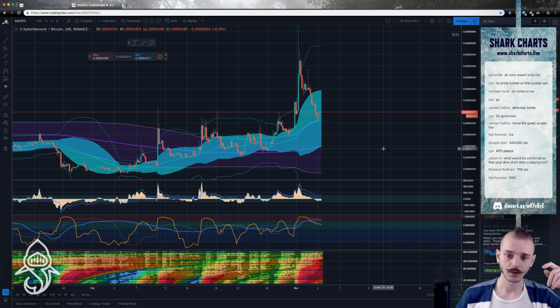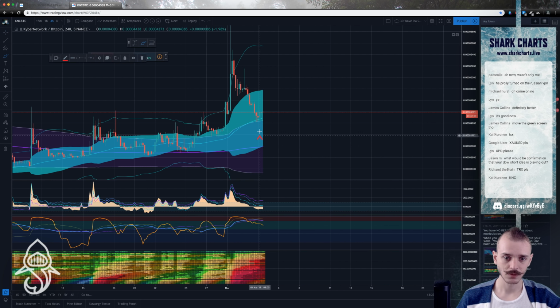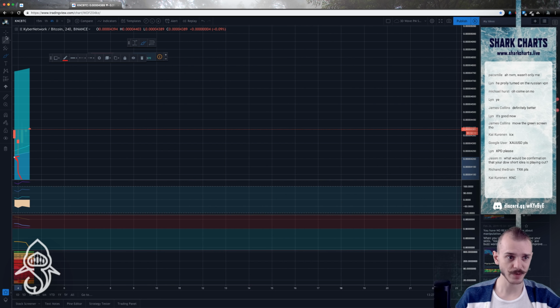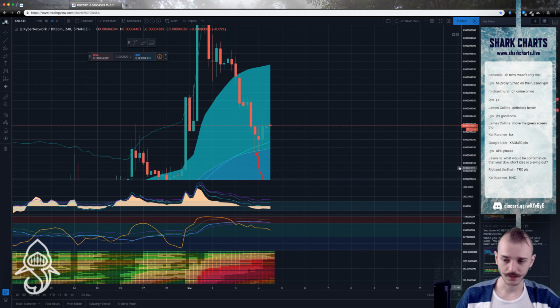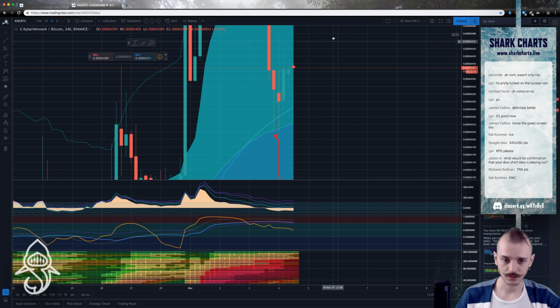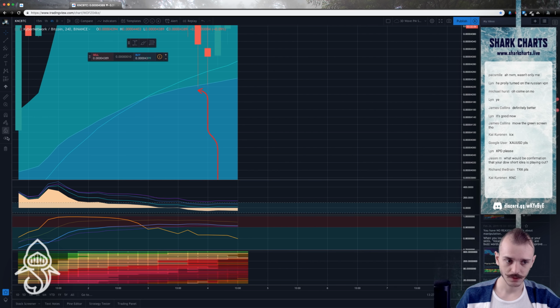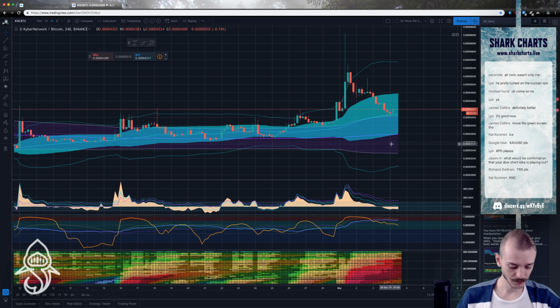Look at how cleanly that bounced. Like, to the Satoshi. Oh my god. Like, let's zoom in on this just to make a point. My god. Look at how perfectly it found support directly on that pivot. That is an unprecedented accuracy in technical analysis.